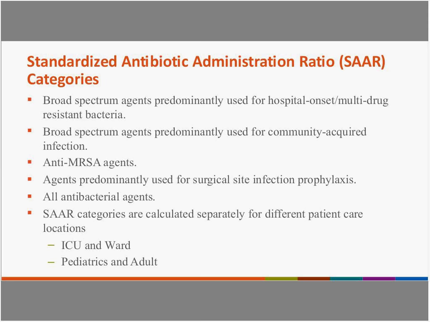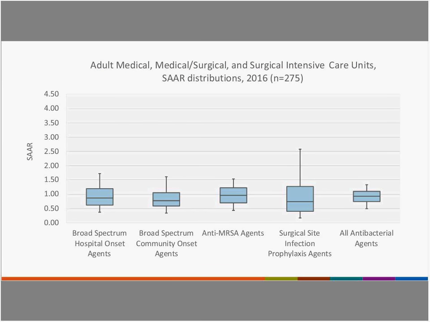Just to give you a sense of what this data looks like, this is one example. These are the standardized antimicrobial administration ratio distributions for adult medical, medical surgical, and surgical intensive care units. So these are general ICUs. And you can see there's quite a bit of variation.